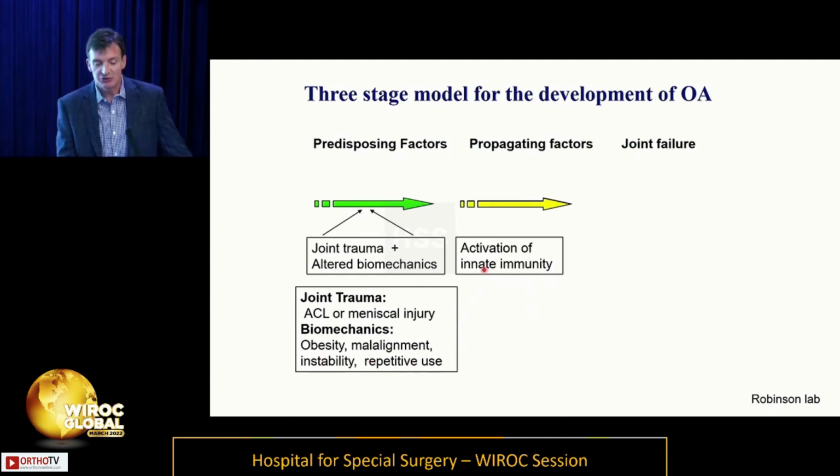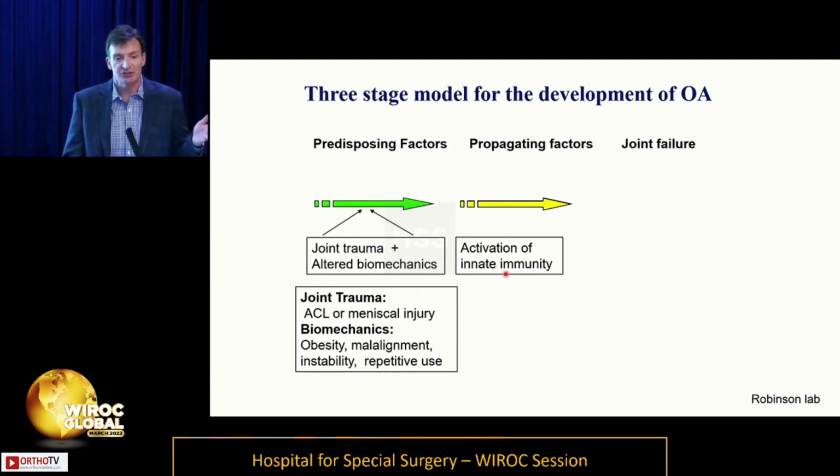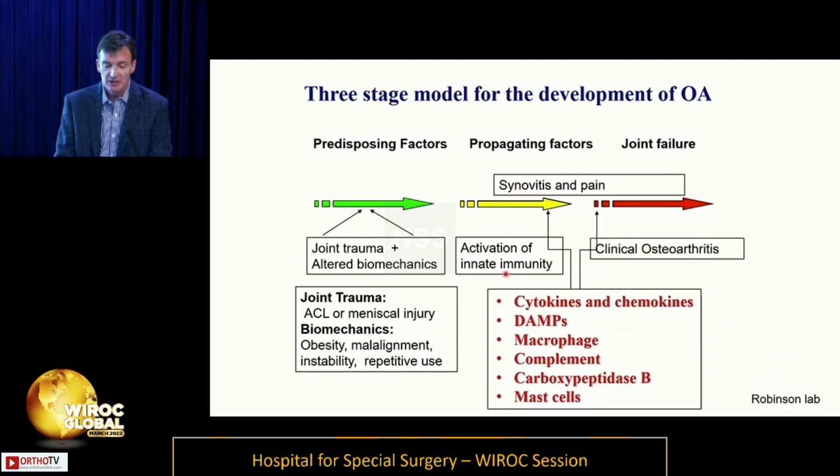And these result in activation of the innate immune system, perhaps the complement system from fibromodulin release, perhaps certain inflammatory macrophage subtypes, and mast cells, as I exhibit in my presentation here. And this results in the production of various cytokines, chemokines, inflammatory mediators, and this promotes the pathogenesis of OA by promoting tissue destruction and remodeling, ultimately resulting in joint failure.